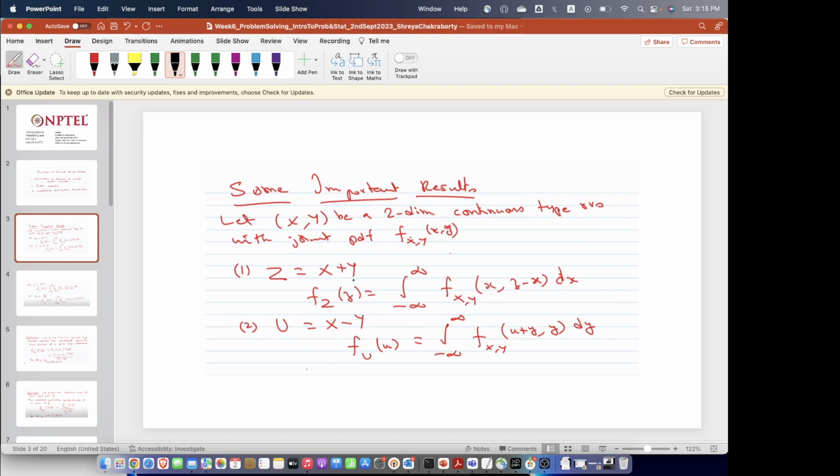If we want to transform the existing variables into another 2D space with Z and X or Z and Y, then the sum can be written in this manner. Okay, and if we want the difference, then we can write the PDF directly in this form, f_XY(u+y, y) dy.